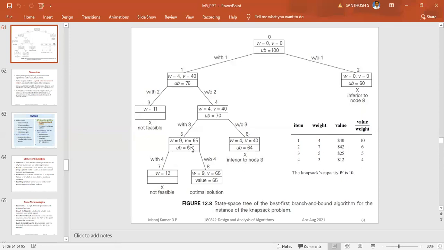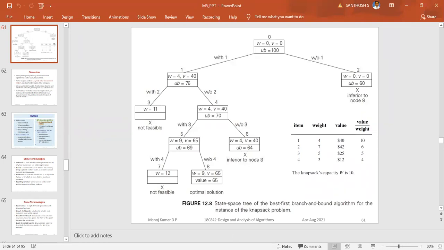No. Is any value equal to 69? Now you go with 4 and without 4. With 4, you get 4 plus 5 plus 3, which is equal to 12, so it is not feasible. Without 4, W equals 9, that is 4 plus 5 is equal to 9, and 40 plus 25 is equal to 65. The value is equal to 65, so you take it as optimal.